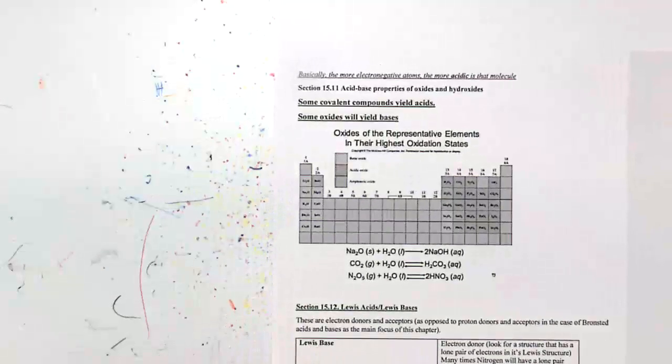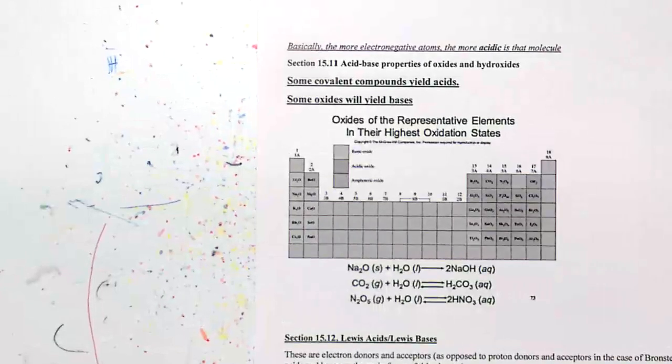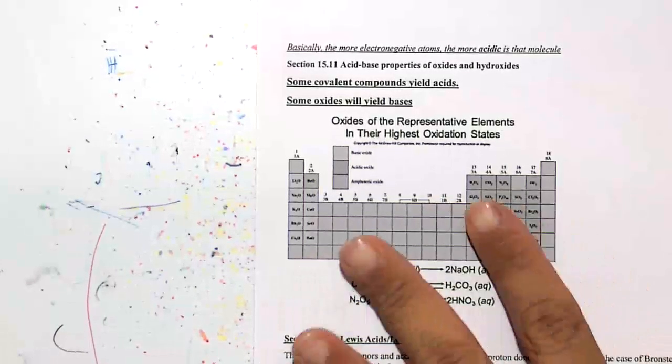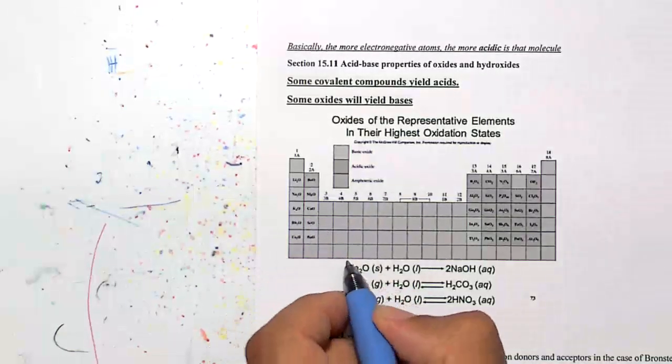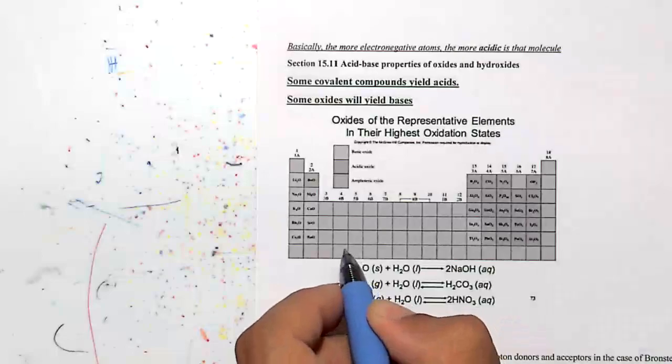So this is something, just for your interest, I'm not going to really test you on it, but this whole chapter is on acids and bases. We know acids deliver protons, bases take protons. But how do you make these? How can you make an acid and a base? Some of these you can just take from our lab.